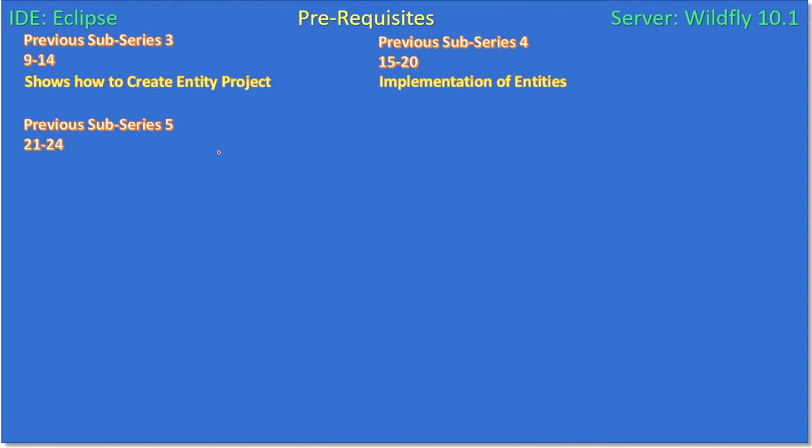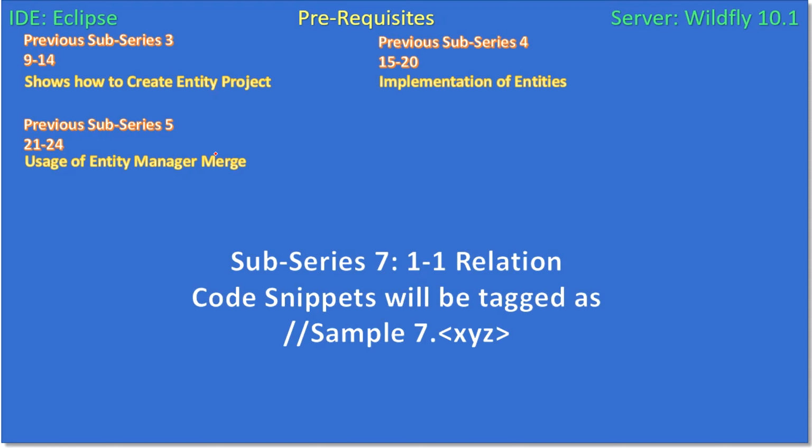So far we have six subseries, and in subseries 3 we created our first JPA project, and we are still using that same project. If you want to know how to create a JPA project, you should watch subseries 3.